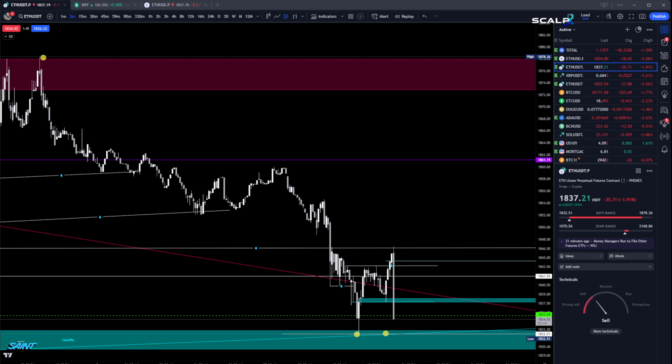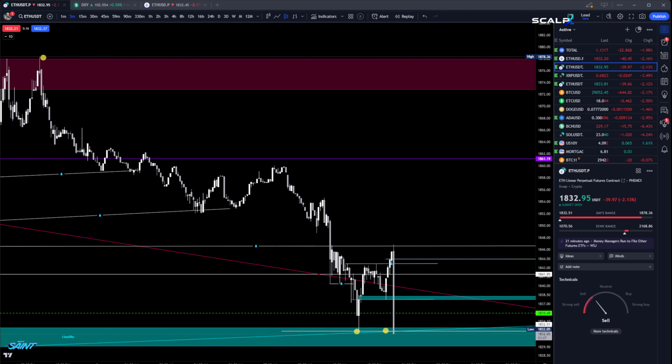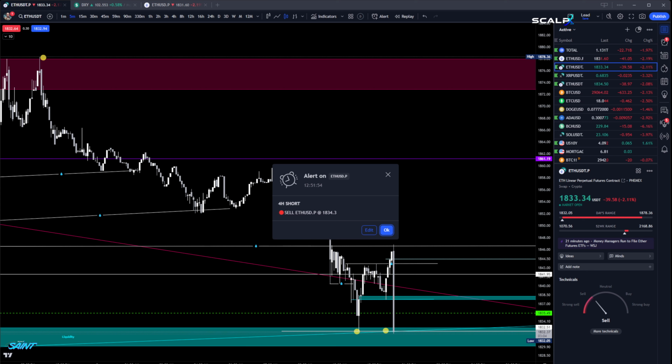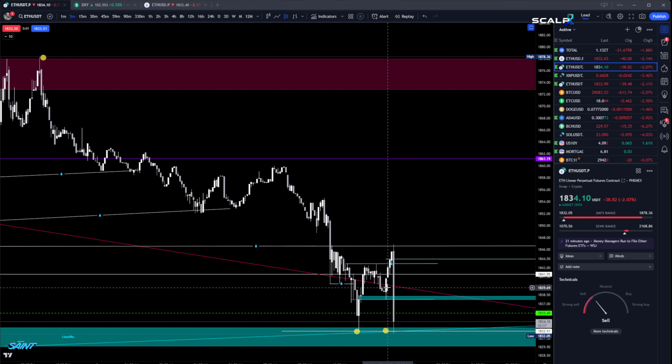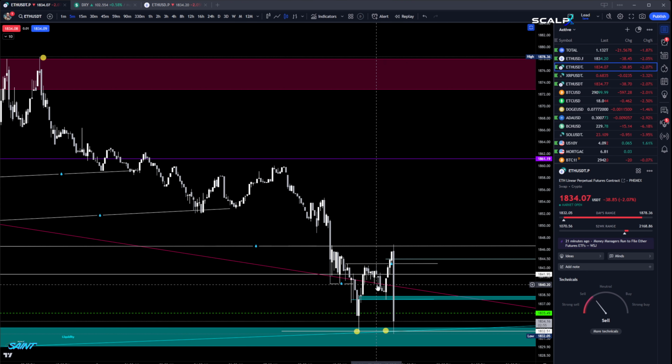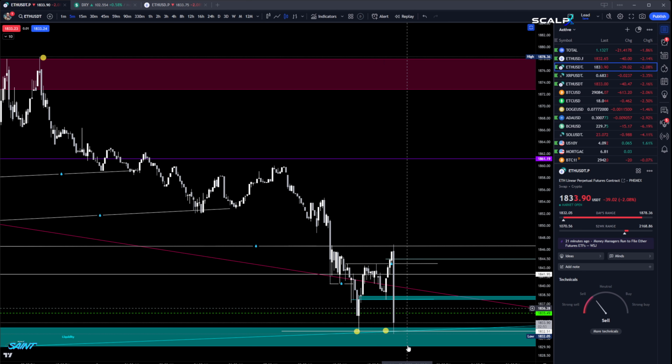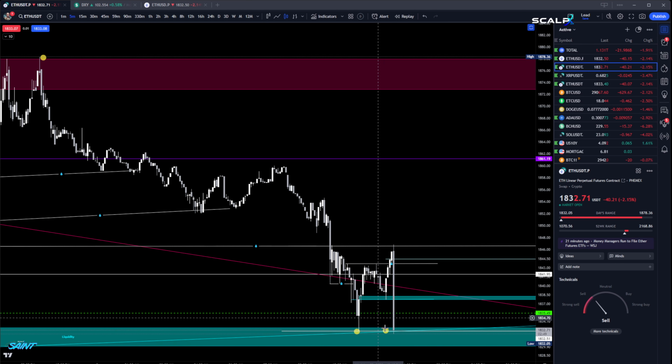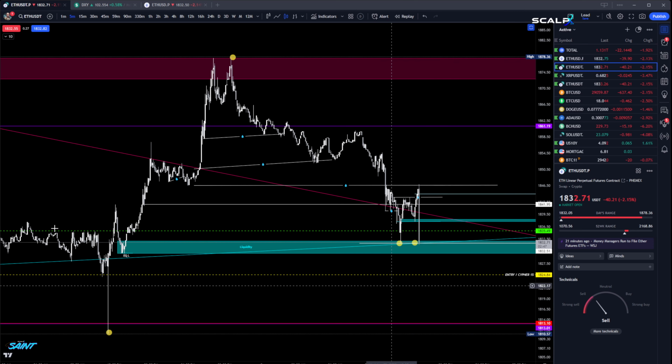And a sell signal for a 4-hour short. And we said we have a potential pullback. This is our potential pullback area. It's just tapped into.